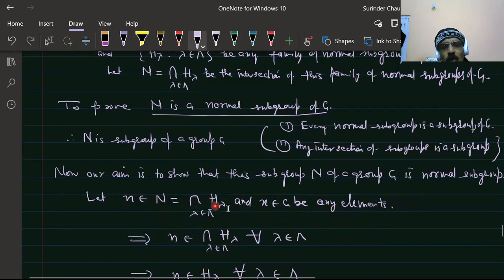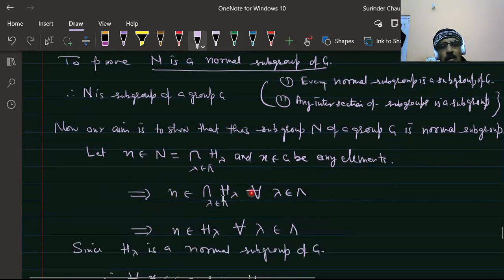If n belongs to N, then n belongs to the intersection of H lambda for all lambda. This means n belongs to each of the H lambda.